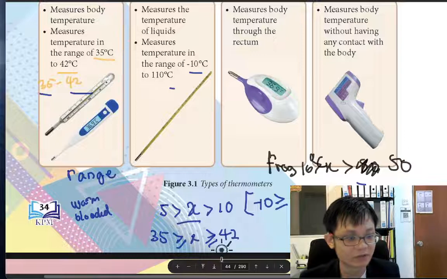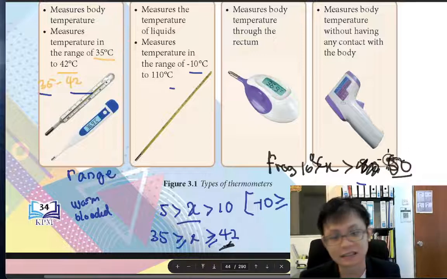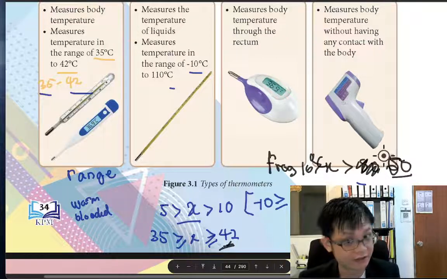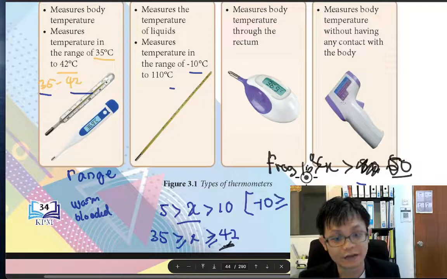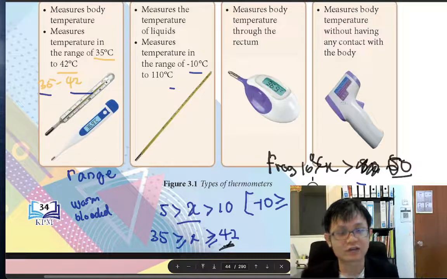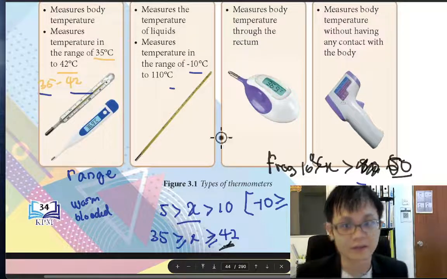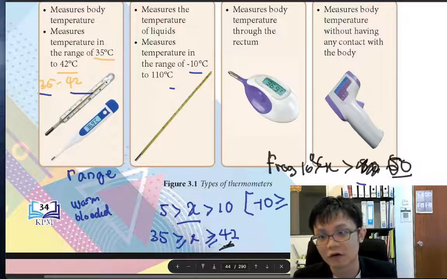You see, a human at more than 42 is going to die, but the frog can go up to 60 and still hasn't died. So the frog has a very huge range because it is poikilothermic.